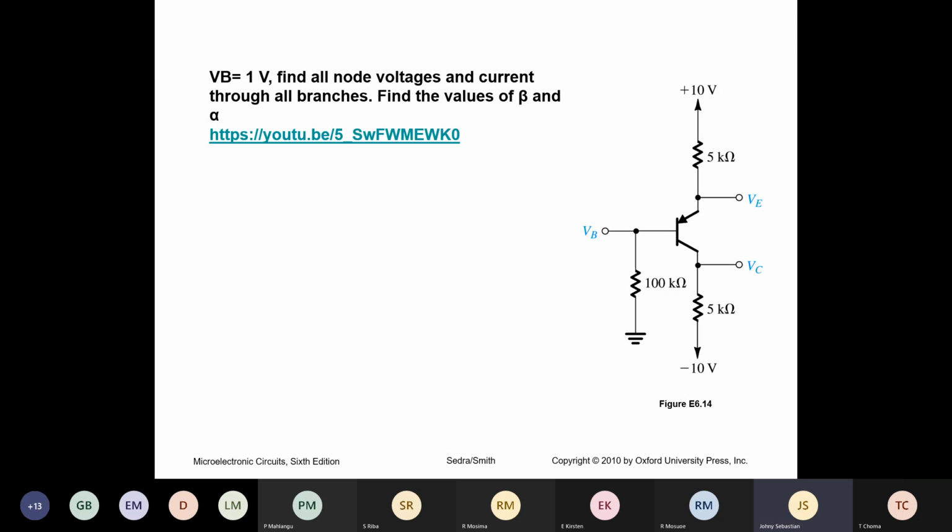IE divided by beta plus 1. And the value of beta, oh sorry, we don't have the value of beta now, so you can't find it out. But you have the emitter current.